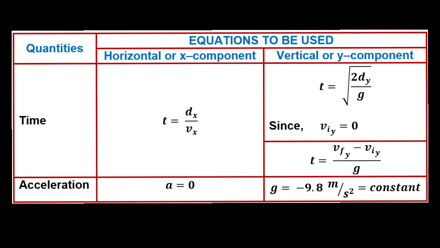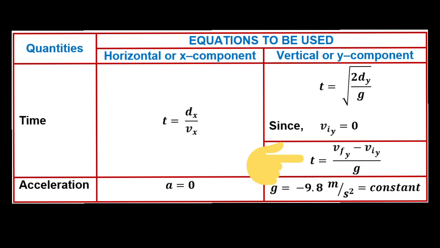To solve for the time in the vertical component, these are the formulas. t is equal to square root of 2 dy over g. This formula is derived from dy is equal to Viy times t plus gt squared over 2, where Viy is equal to 0, and t is equal to Vfy minus Viy over g.